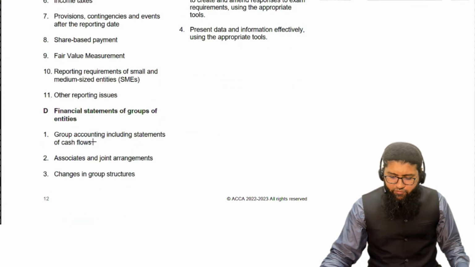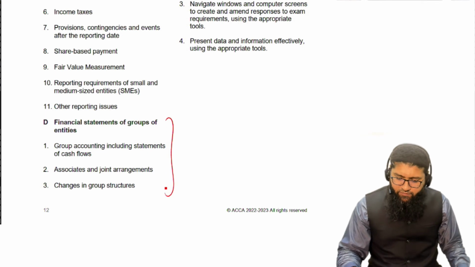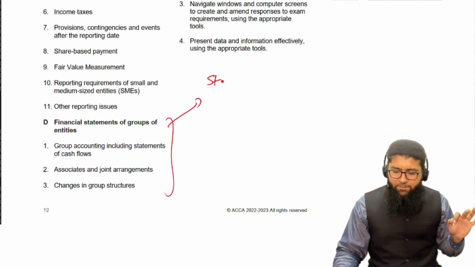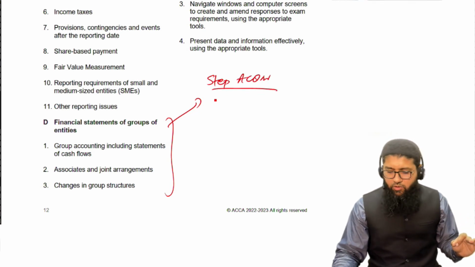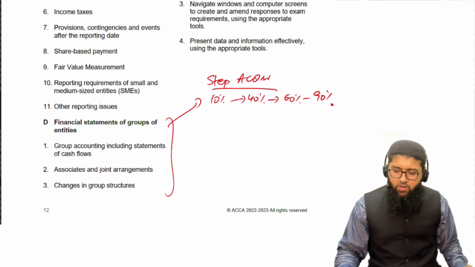Then if I move forward, you've got the group accounts, and for the group accounts, I can give you a bit of guidance over here. You would talk about the step acquisition. What's a step acquisition? You had a 10% shareholding, it became 40%, it became 60%, it became 90%.